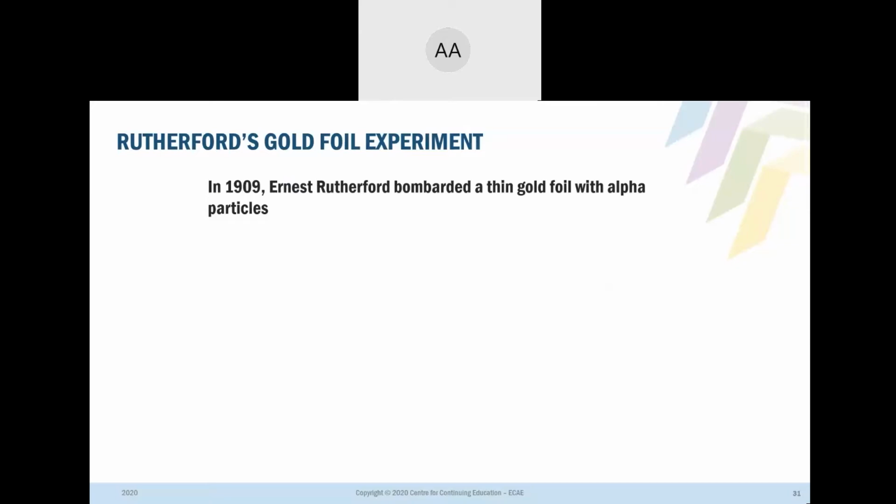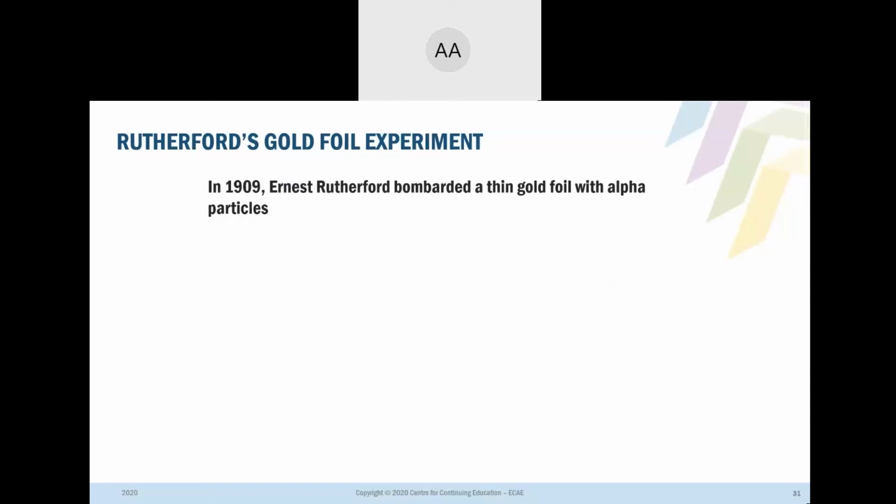It's quite famous. His co-workers that I mentioned were Hans Geiger and Ernest Marsden. And what they did was they initiated a series of groundbreaking experiments that actually completely changed our ideas about an atom or the model of the atom.